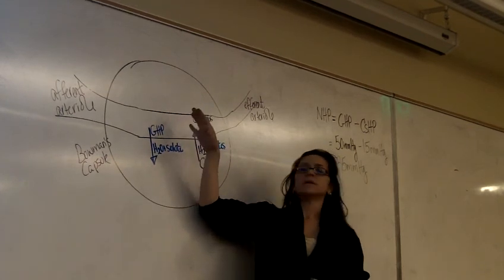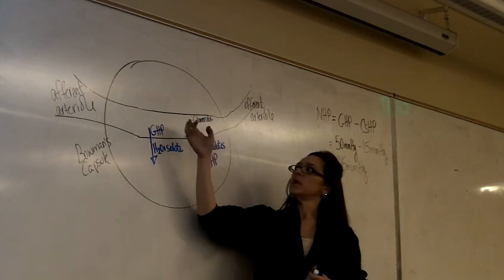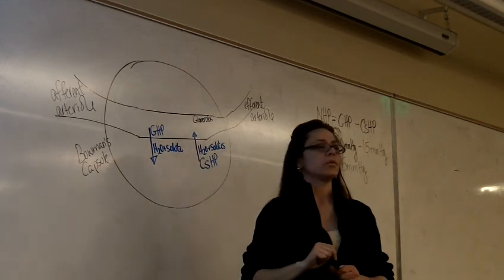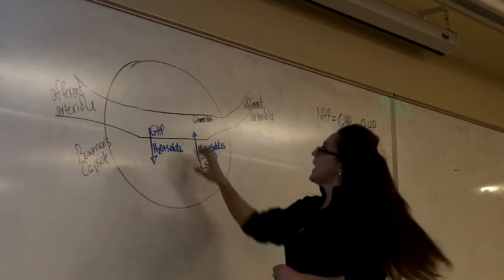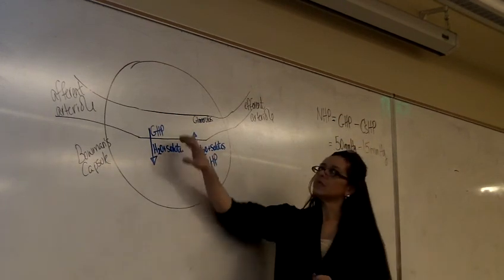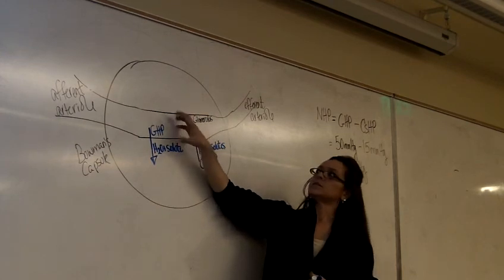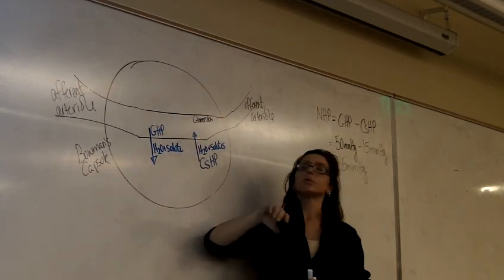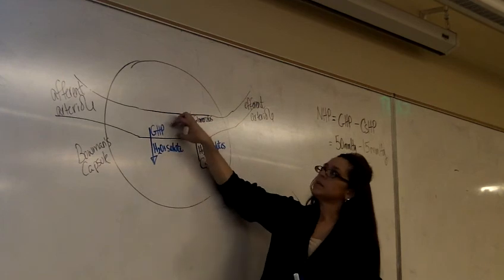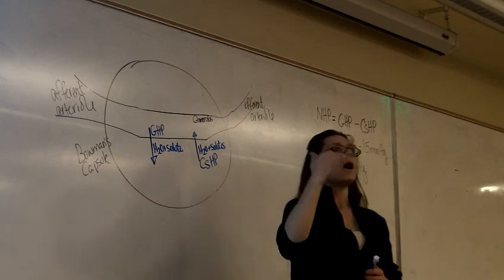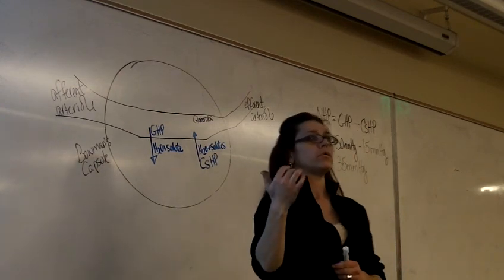So we've got red blood cells, we've got white blood cells, and we have anything that's too big to leave, which would be our plasma proteins. And as water and solutes leave, and we're left with just a little bit of fluid and cells and these big plasma proteins, that makes this blood very concentrated, with a very high osmotic value.